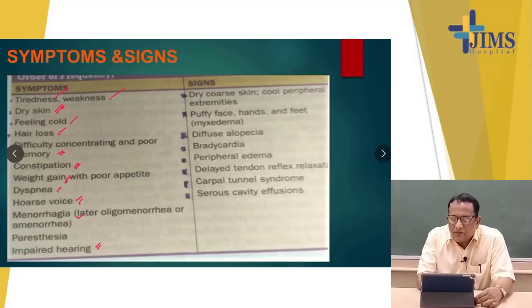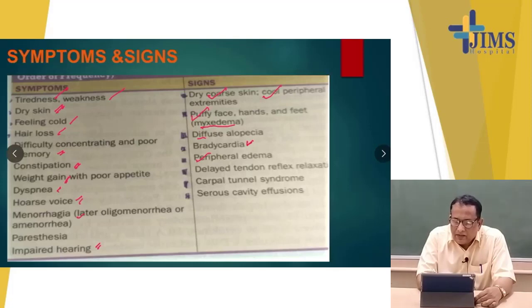Then there are some important signs. There is coarse skin, cool peripheral extremities, puffy face, as I was mentioning. That is called myxedema. Then tingling of hands and feet, diffuse alopecia, and there is bradycardia. Then peripheral non-pitting edema, and delayed tendon reflexes are important.